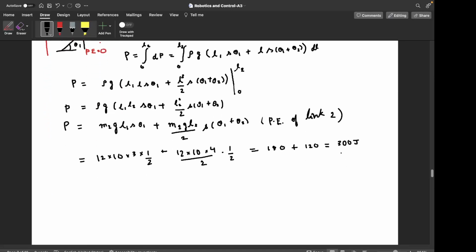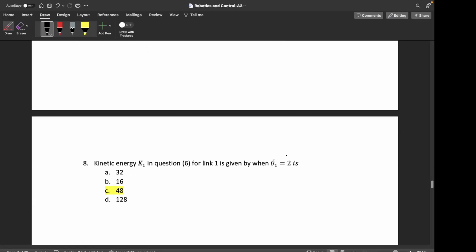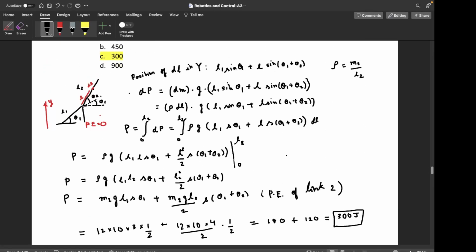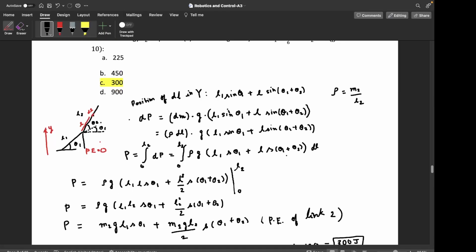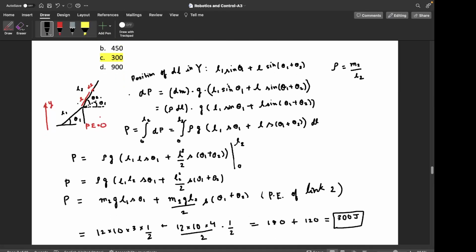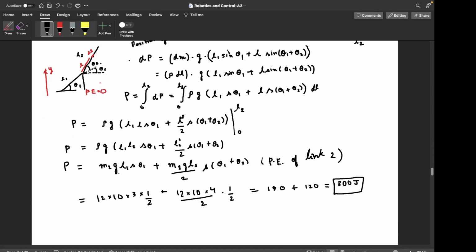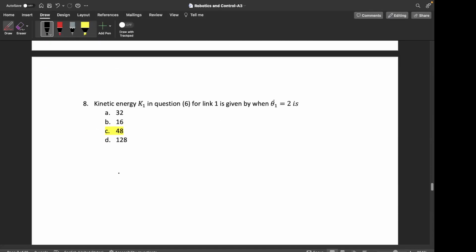So this is how you can find the potential energy of a distributed mass system, right? Any doubts in this one? I think again this procedure of taking elements and integrating you should be familiar with, I guess.